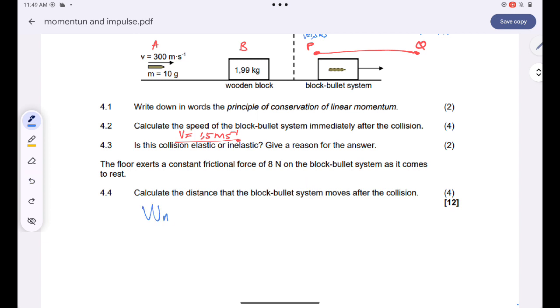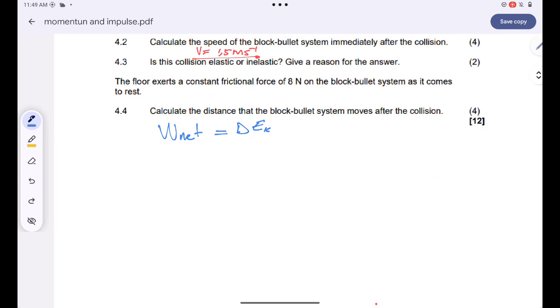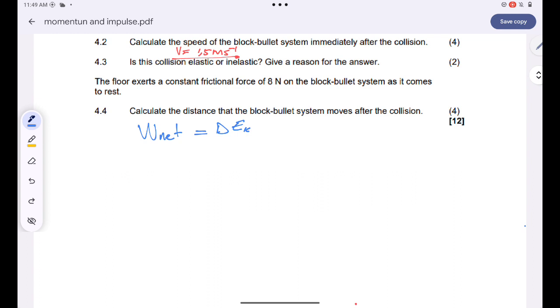So we'll simply say work net is equal to the change in kinetic energy. This is the work energy theorem, and it states that the net work done on an object is equal to the object's change in kinetic energy. But remember, guys, work done by a force is equal to the force multiplied by the displacement times cos of theta.